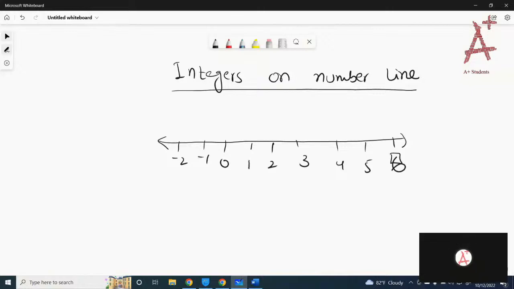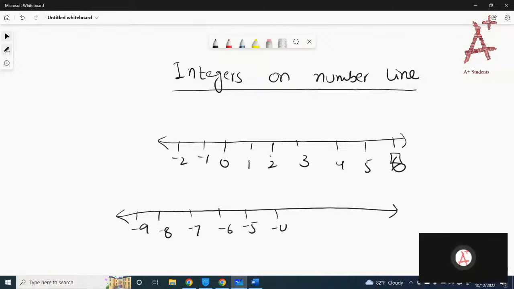Yes, very good. Okay, the next one is type the missing number. -9, -8, -7, -6, -5, -4, -3, -2, the missing number, and 0.